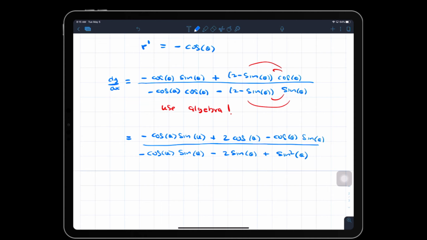I just see a problem here. Just found my own error. This down here is going to be cosine squared theta. It's minus. Okay, that's where it is.